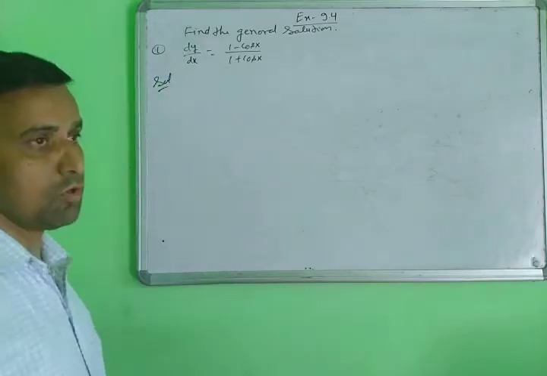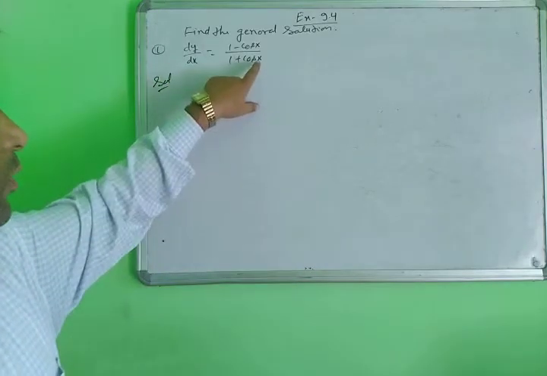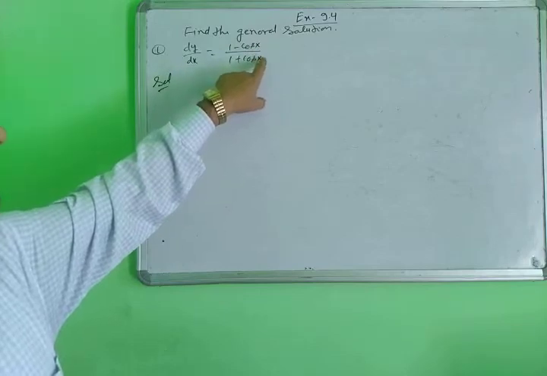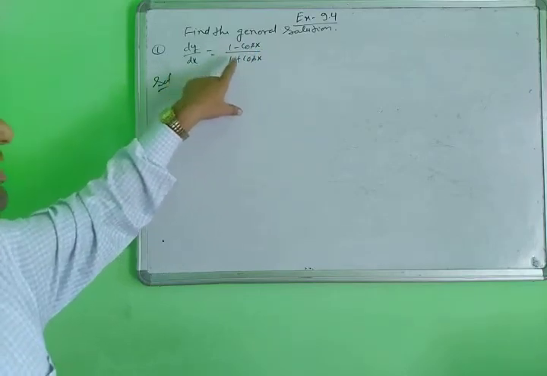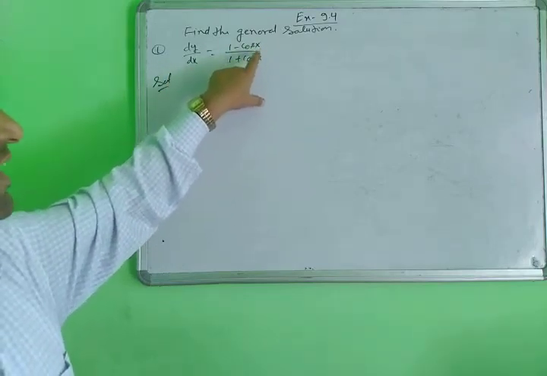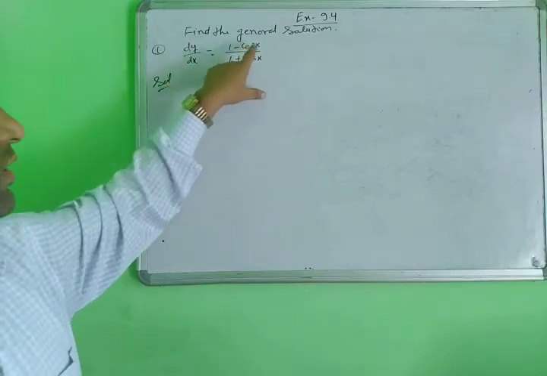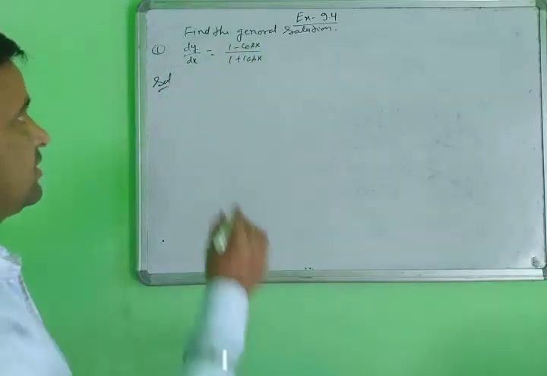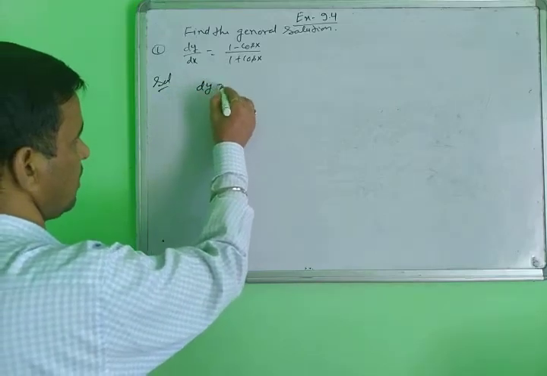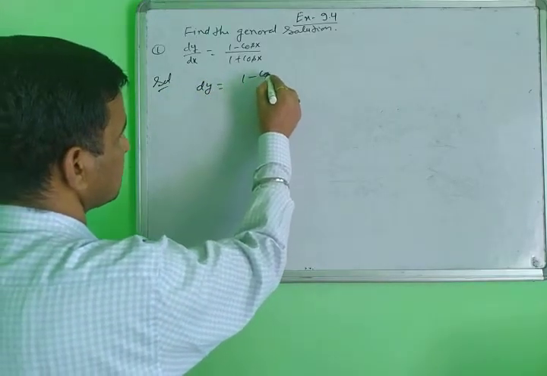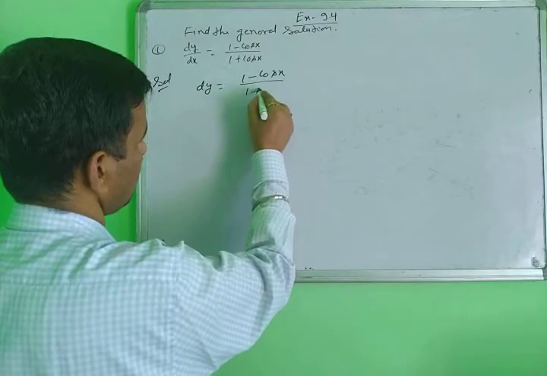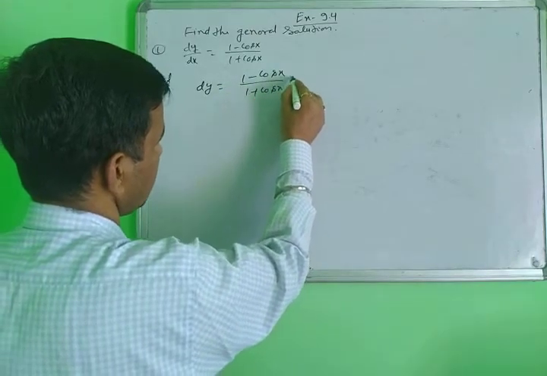First of all, you would separate the variables, but here there is only a single variable x, so transposing is not required. You will transpose only dx. Now dy equals 1 minus cos x upon 1 plus cos x into dx.